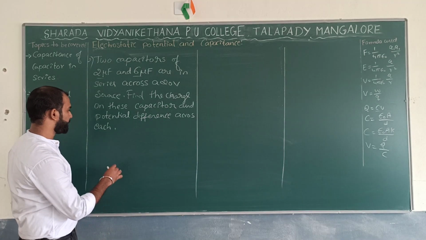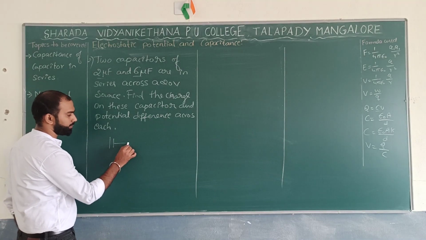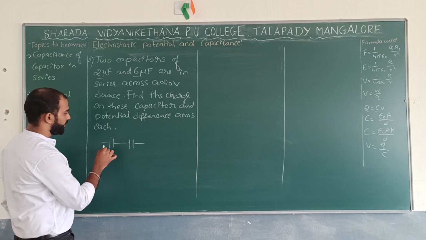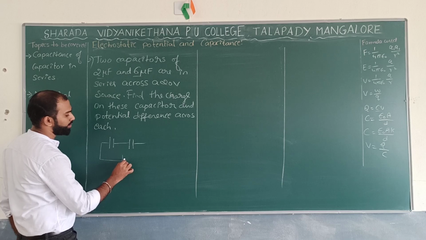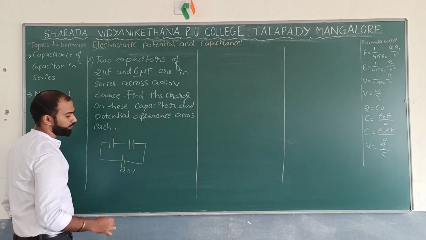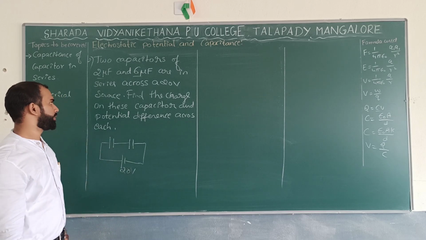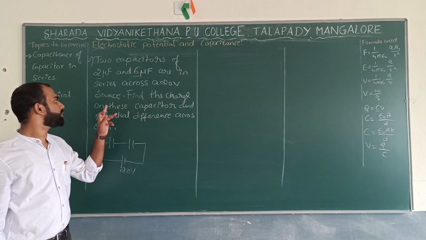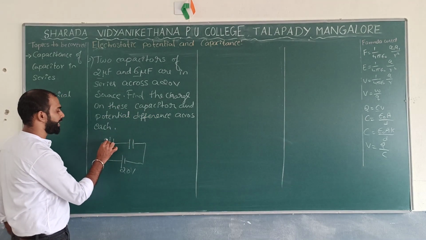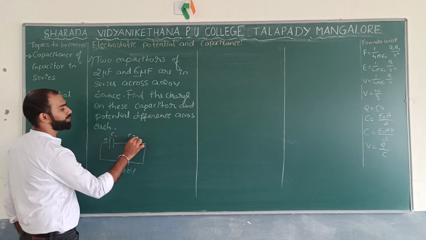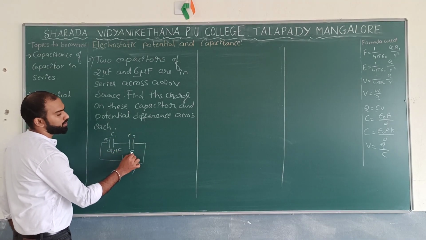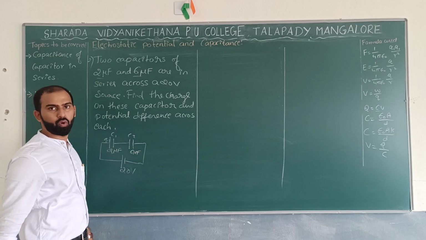So find the charge on each capacitor. This is C1 and C2, with values 2 microfarad and 6 microfarad. Correct?